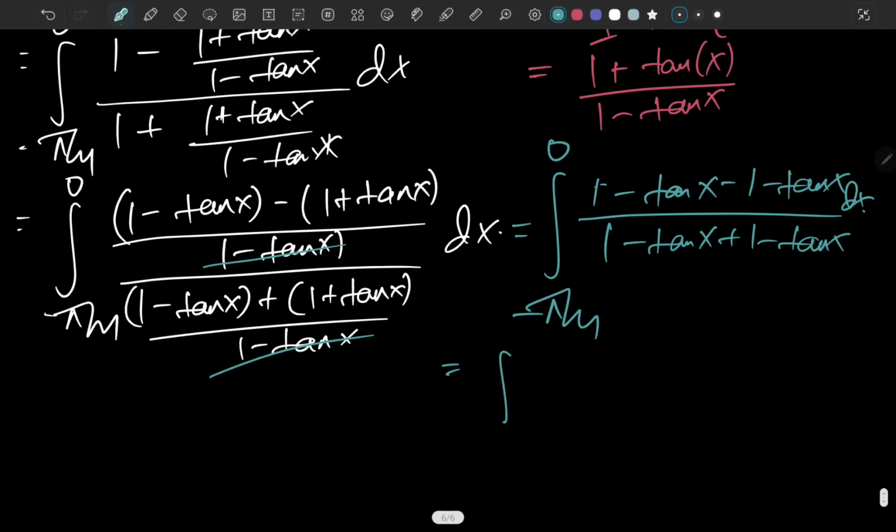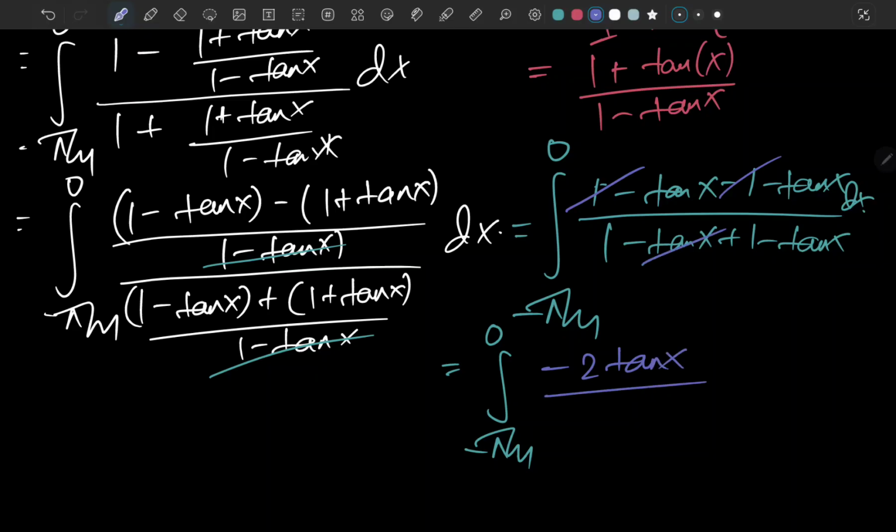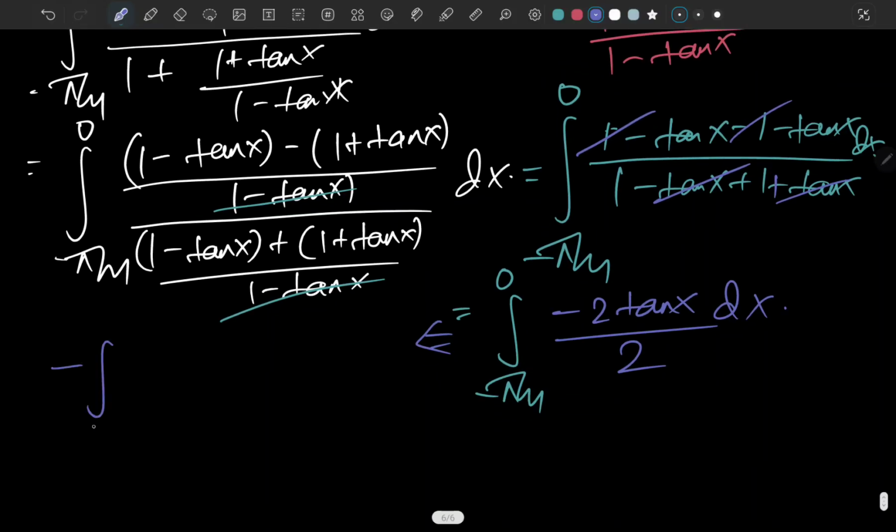This becomes integral from negative pi over 4 to 0 of 1 and minus 1 getting cancelled out, minus 2 tangent x over 2, since it was a plus tangent x, so that is getting cancelled out, and 2 in the denominator. This becomes minus of integral from negative pi over 4 to 0 of tangent of x dx.